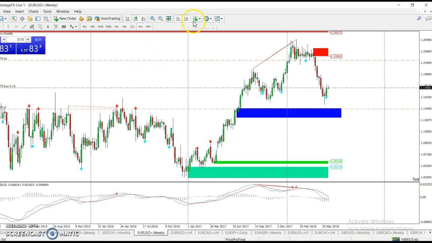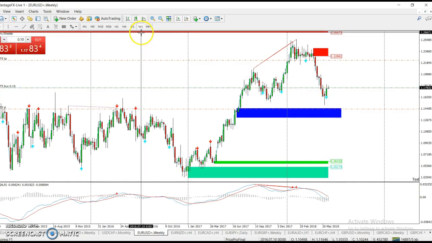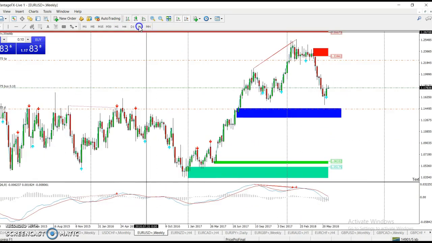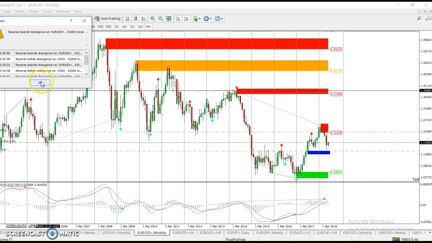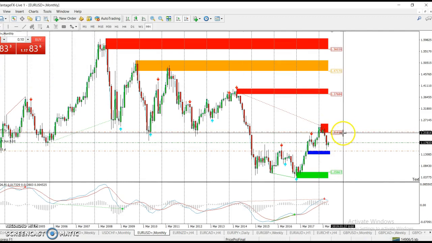Euro USD, you can see I'm actually in on a small trade on one of my smaller accounts, one of my 10k accounts. Reason being, we got the weekly signal here to buy from this area here, and we're looking to target up towards 121.